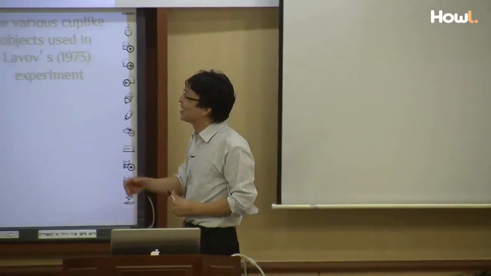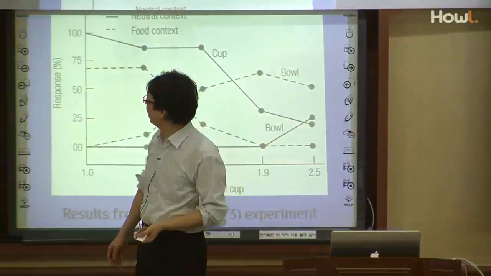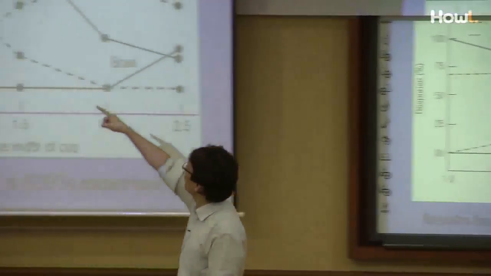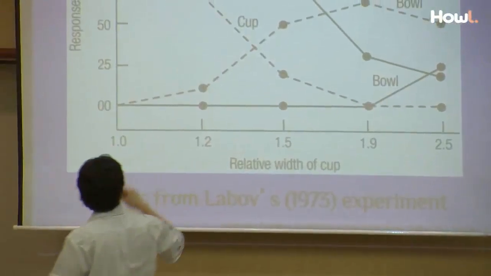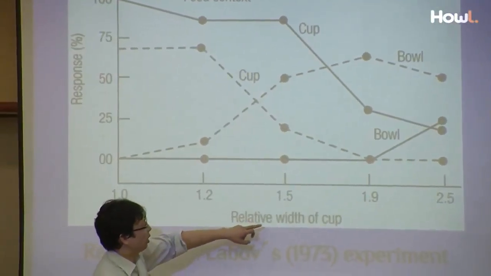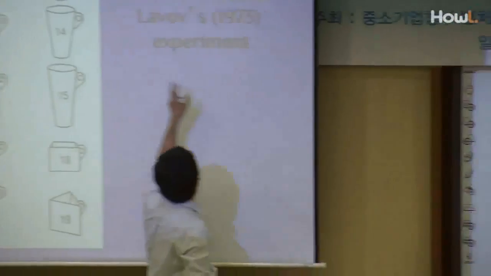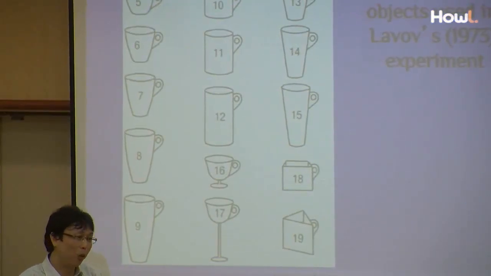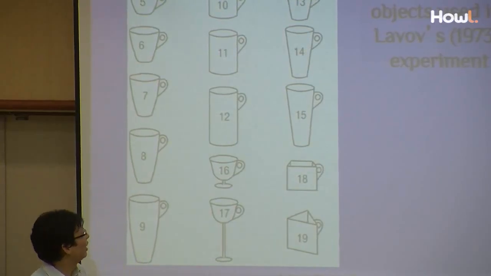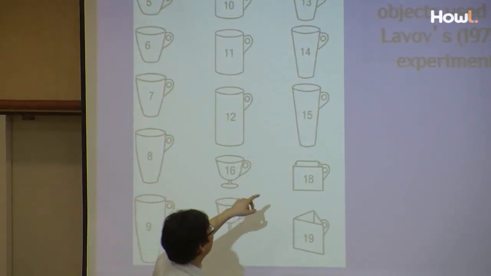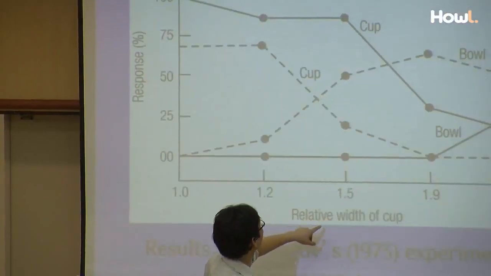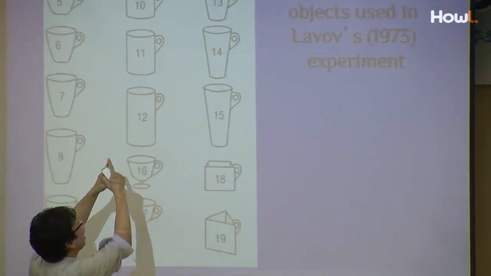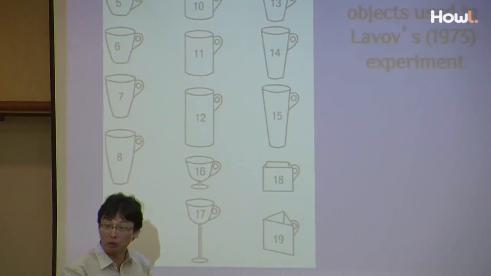When they did this experiment, the idea is this. Only look at the solid line. That is the relative width of the cup. For example, number 4 is quite a wide bowl. It looks like a bowl, but it also looks like a cup because we have a handle, right? A bowl doesn't normally have any handle. The relative width of the cup is how much wider this one is than that one.